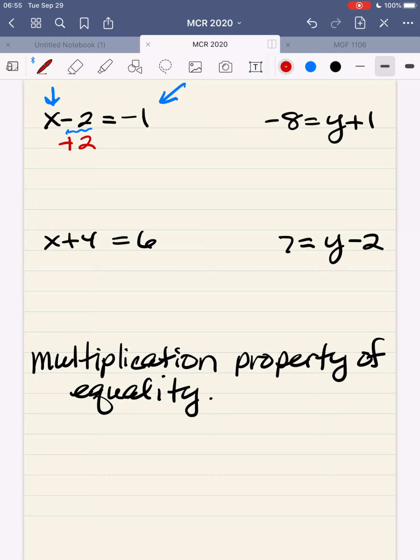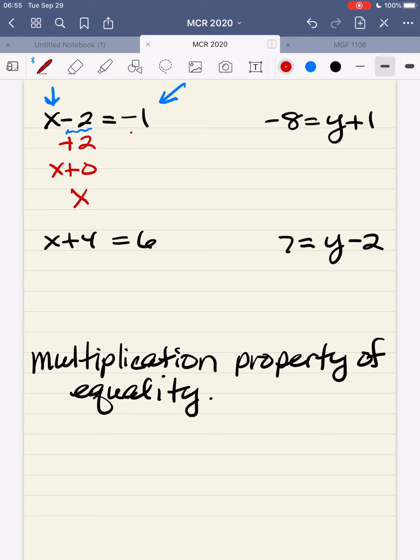These are now opposites. If I have minus 2 and plus 2, I end up with a 0, which makes those go away. That leaves me with x plus 0, but anything plus 0 is just itself. So I really just have x.